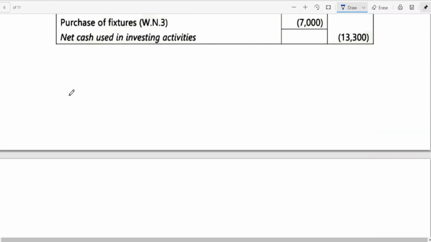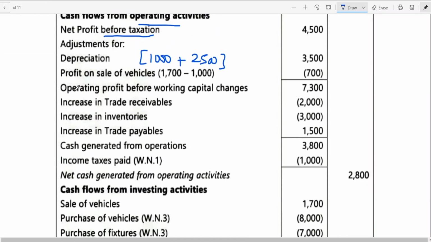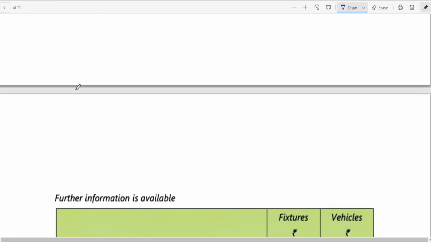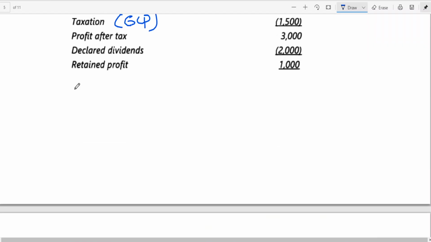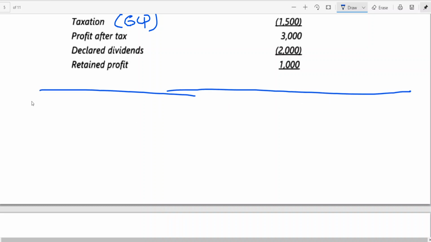I think I got the gap, no? So okay, let me take it, I'm doing the working notes, my dear friends. Whenever I'm having a gap in between, I'm doing working notes.